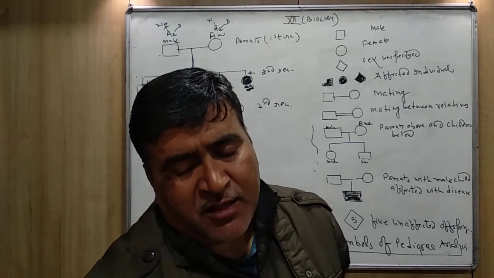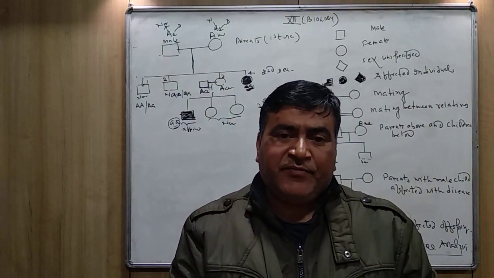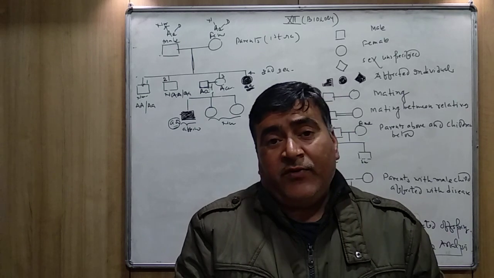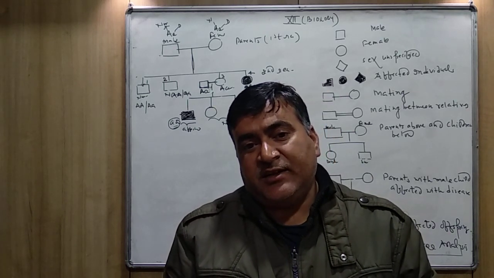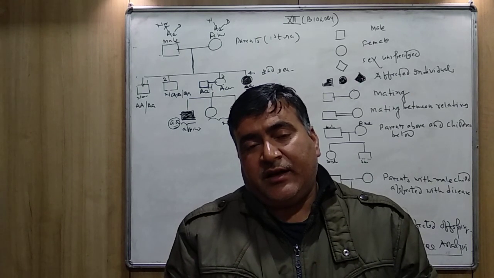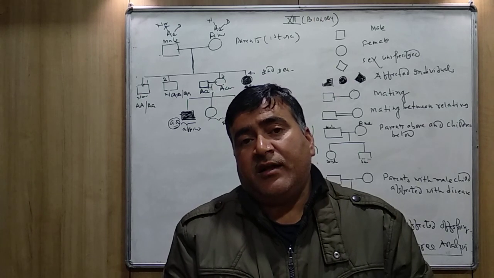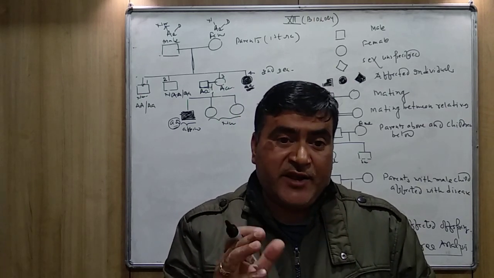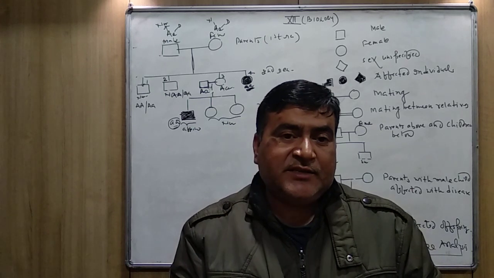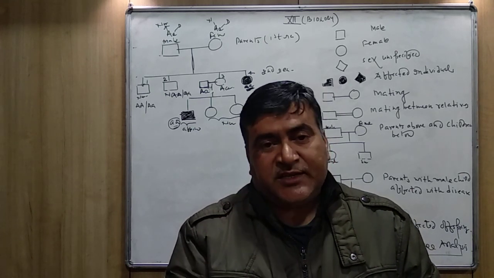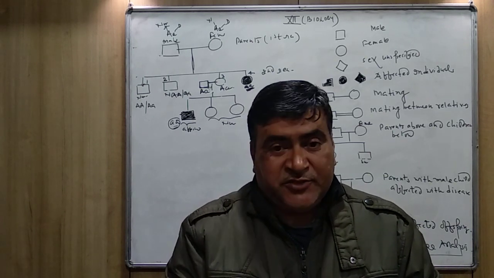So overall, by making this pedigree diagram, you will get to know how a particular trait is running in the family, and you can also write the genotypes of the parents, of the son, of the daughter, as well as the affected individual.